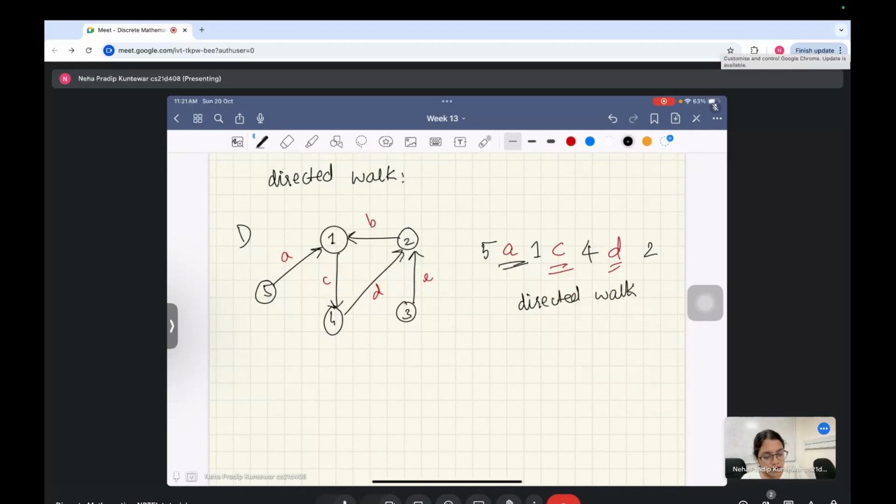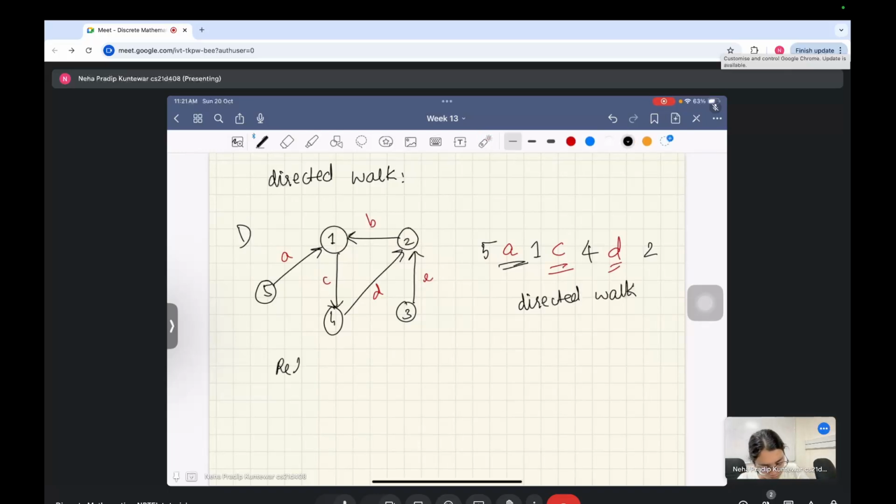What does that mean? I'm essentially starting at a vertex, then I take some directed edge, then from that vertex I take another directed edge, from the new vertex I take another directed edge, and so on. So this is what a directed walk would look like. It will be a sequence of vertex, edge, and so on. So now let us define a relation.